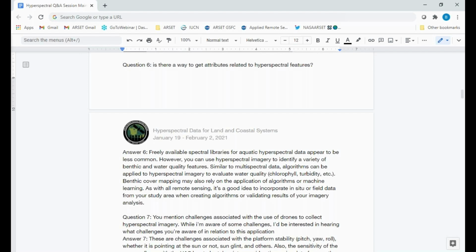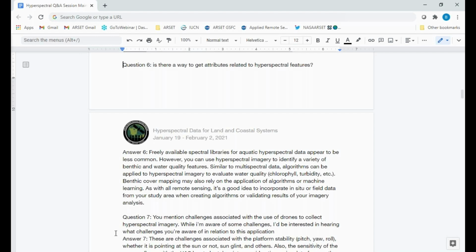As with any remote sensing, it's always a great idea to incorporate in situ field data for your study area. And this is something that we can't stress enough, particularly for underwater targets. I saw a few similar questions that we're going to see in a moment. But particularly for underwater targets, remember that the water column changes almost constantly.